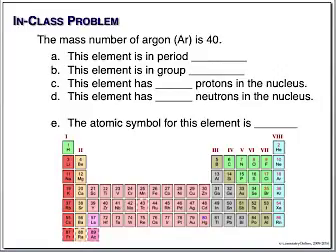Step 1. You have to find argon, don't you? There it is. Argon is over here in group 8. Atomic number is 18. That's right.